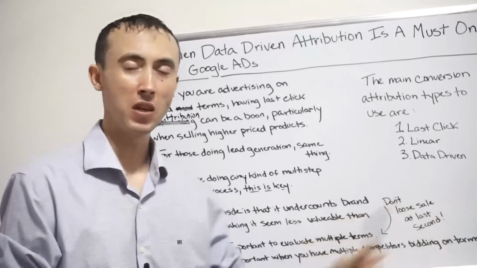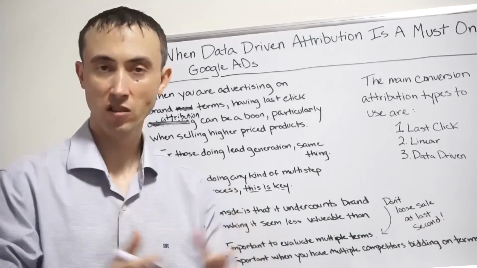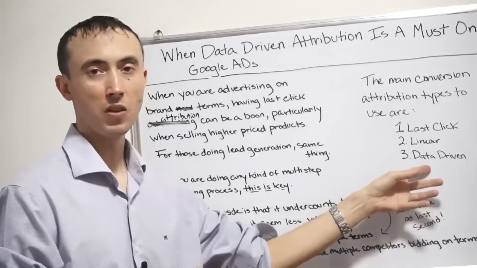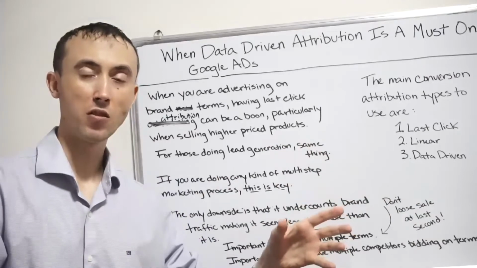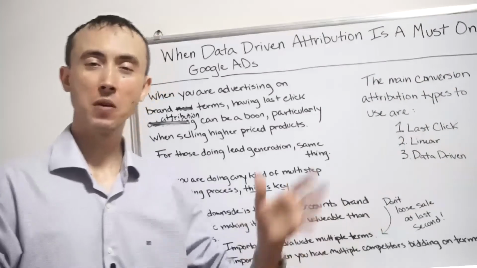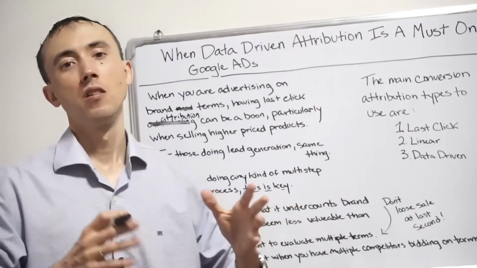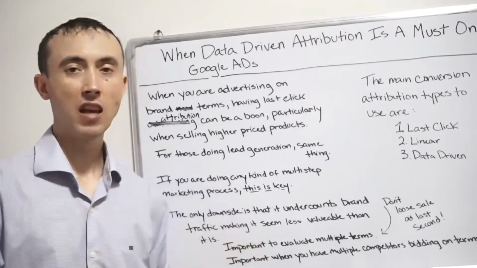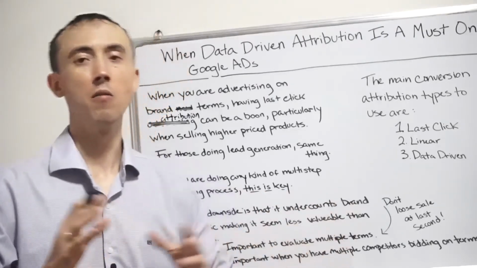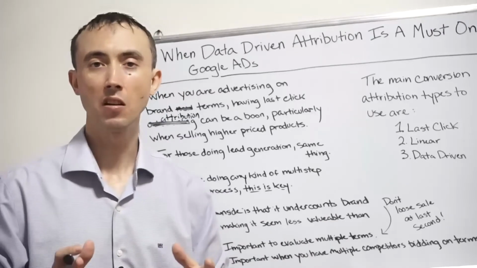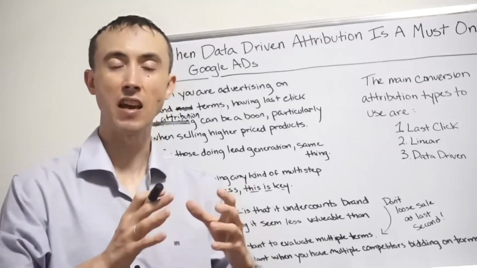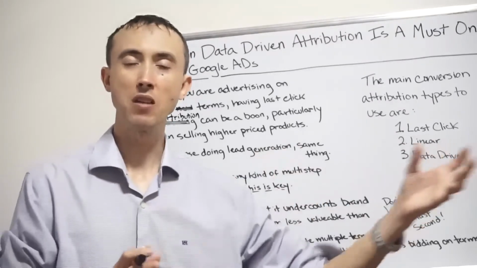We use data-driven because we're able to pick up more conversions, like I said, and it doesn't just weight evenly, where the first ad that got their attention gets half the value and the brand campaign gets the other half. The initial ad that did the heavy lifting can get, you know, 80% of the value. So it does a better job of properly distributing the value of the conversion to the campaigns that we know we needed to get the sale, in which if they weren't there, the brand campaign just never would have been able to deliver anything.